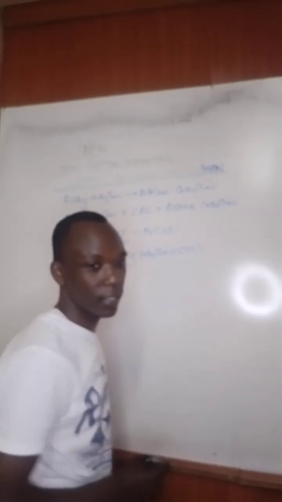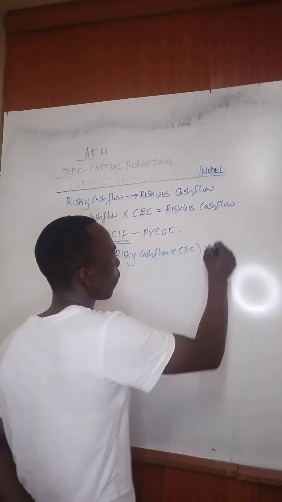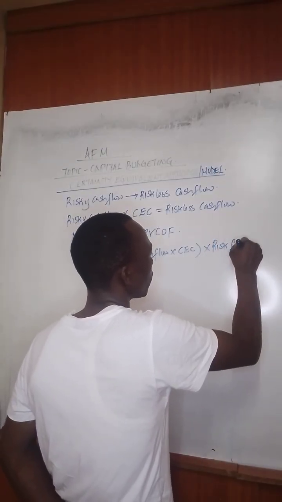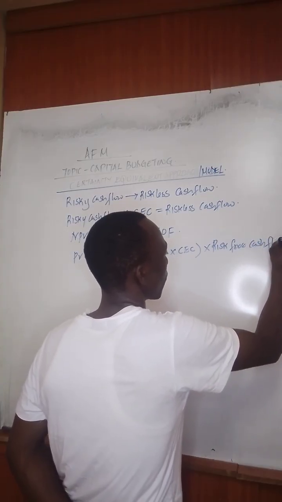Once you have the riskless cash flows, you discount using the risk-free rate.